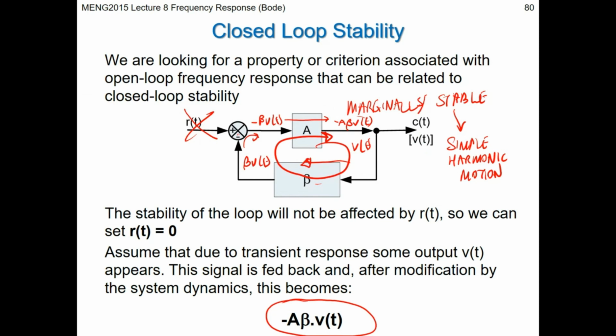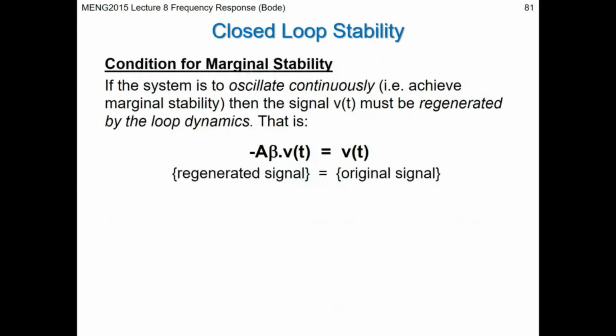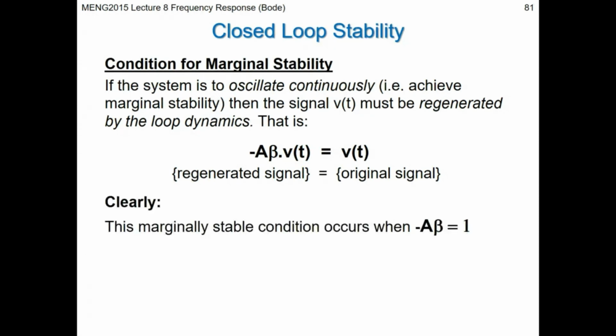It's continuously cycling in the same conditions. So that's a fundamental requirement for a marginally stable system: the regenerated signal, having gone through our blocks, is the same as the original signal.